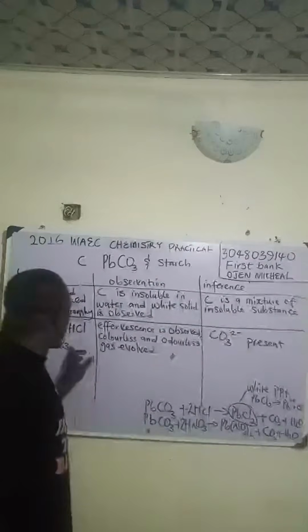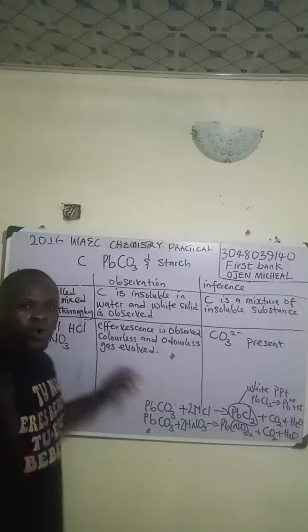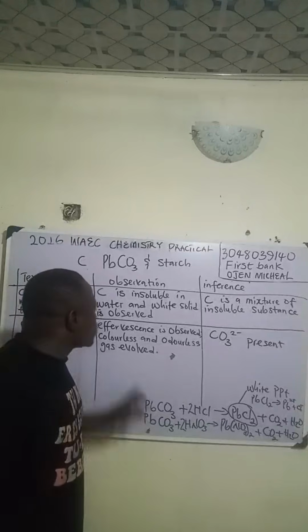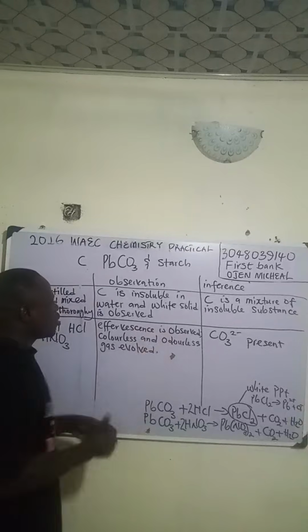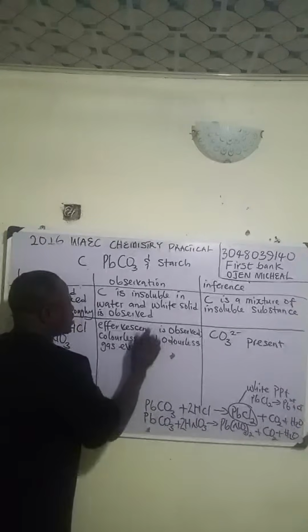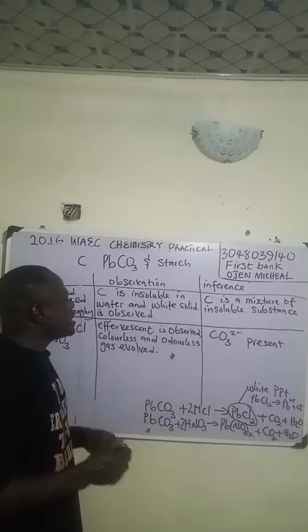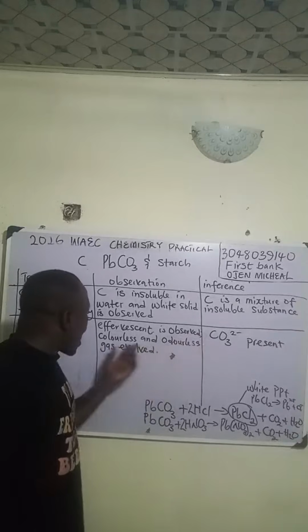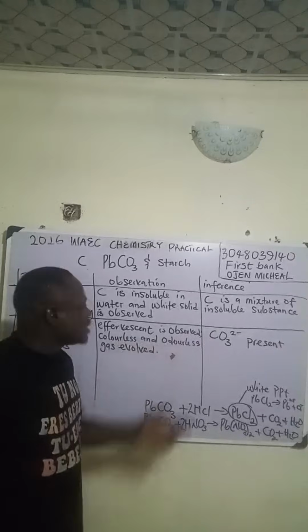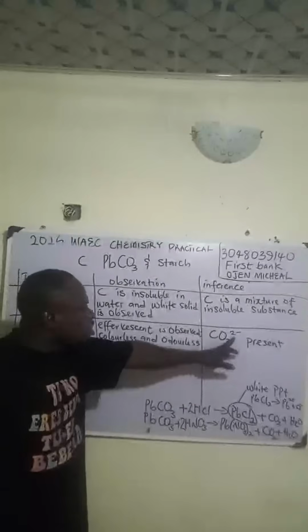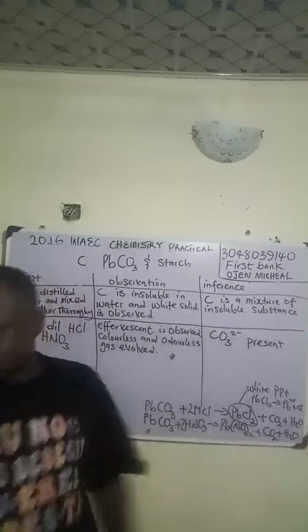Either HCl or what? HNO3. When you do that, this is what is going to happen. Effervescence is observed, and colorless and odorless gas is evolved. That is to show that CO3 ion is present.